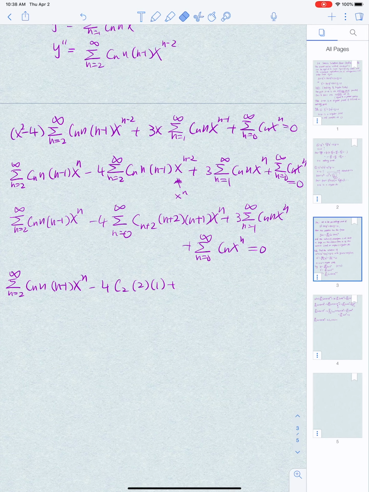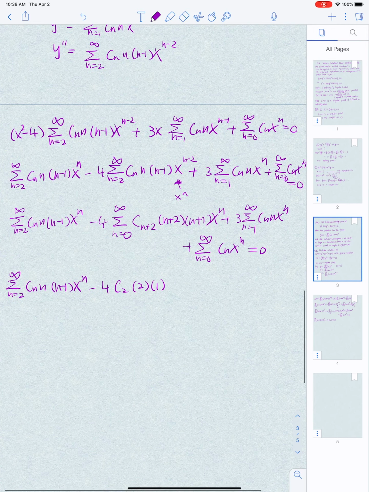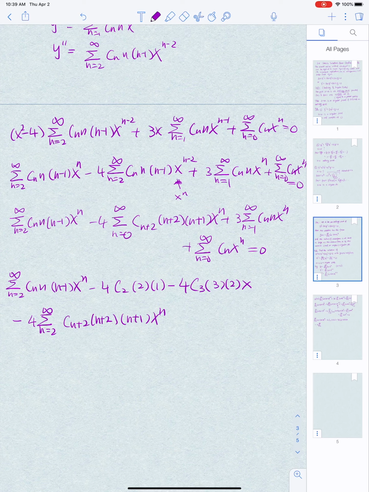So I have to do minus, then n equals 1. This is C3, 3 to x. And then the rest can be represented by sigma. Same thing here.